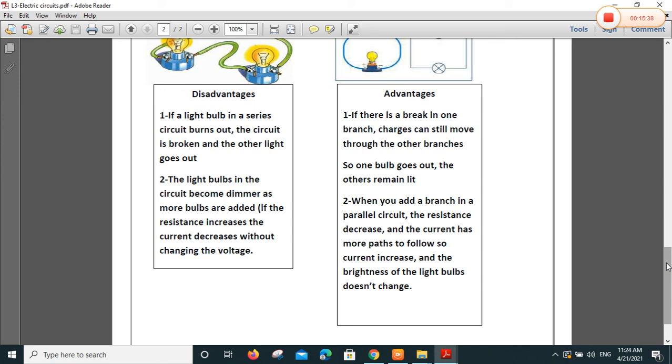Look at page 179, the brightness still glows, but look at page 178, the brightness of the 3 different bulbs gets dimmer.